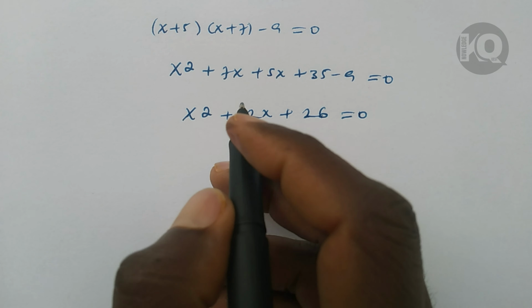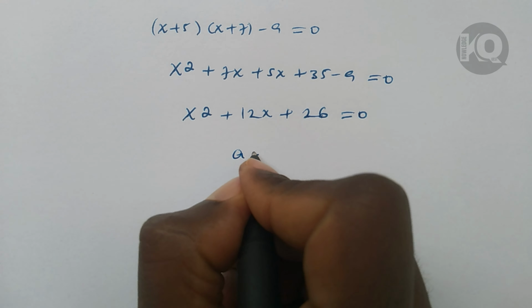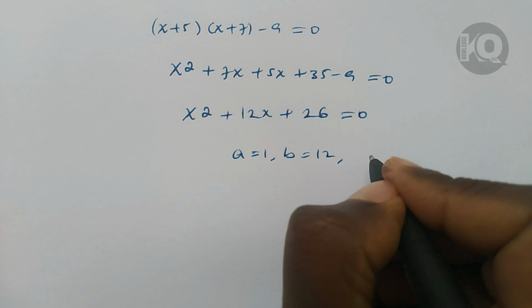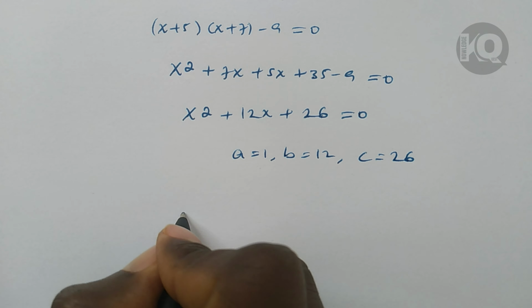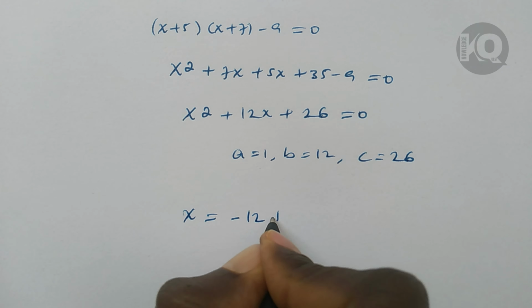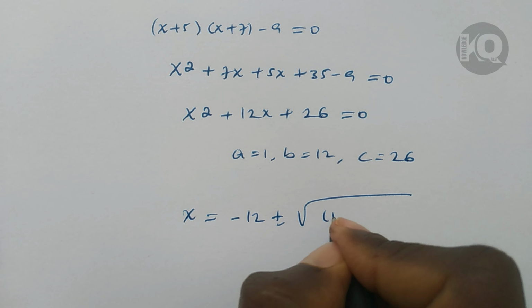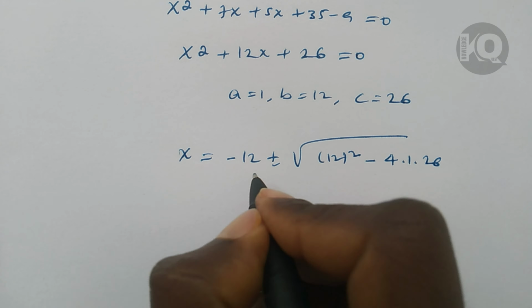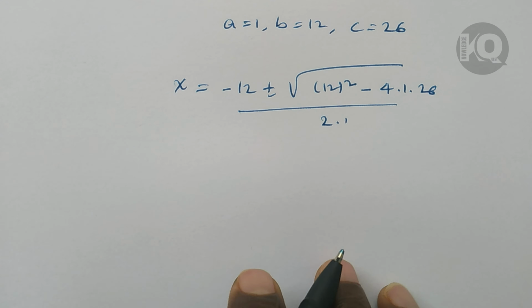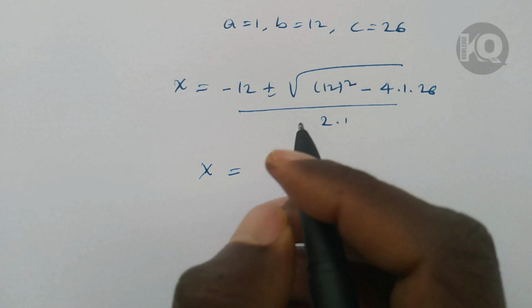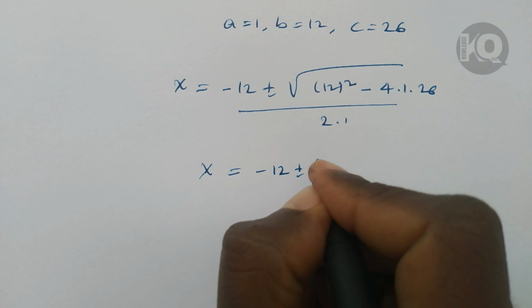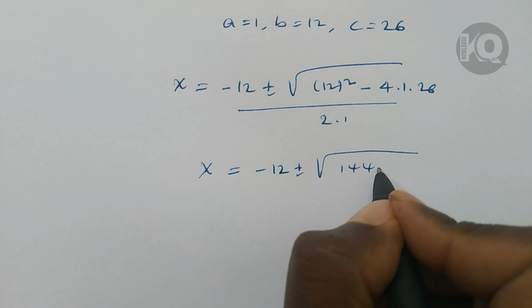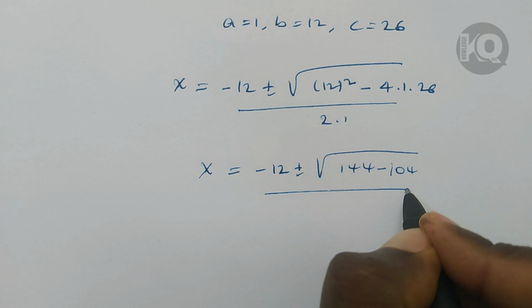So by using the quadratic formula, a is 1, b is 12, and c is 26. So x will be minus 12 plus or minus the square root of 12 squared minus 4 times 1 times 26, divided by 2 times 1. So x is equal to minus 12 plus or minus the square root of 144 minus 104, divided by 2.